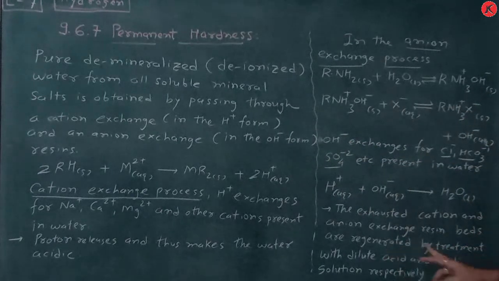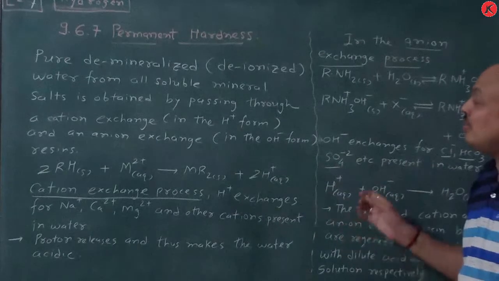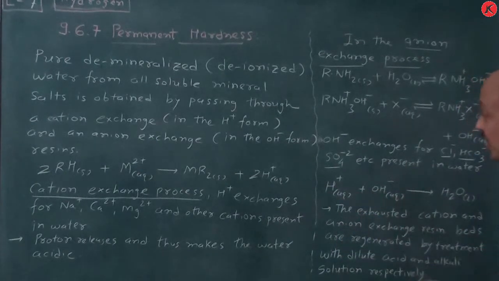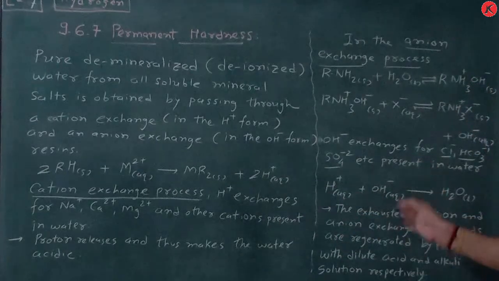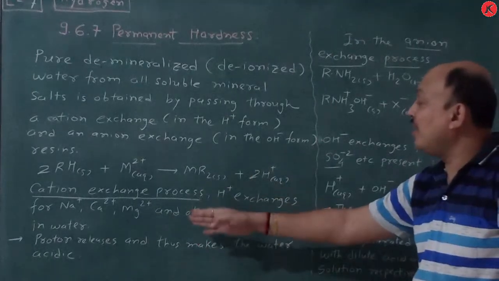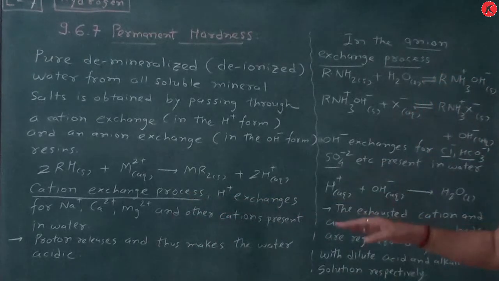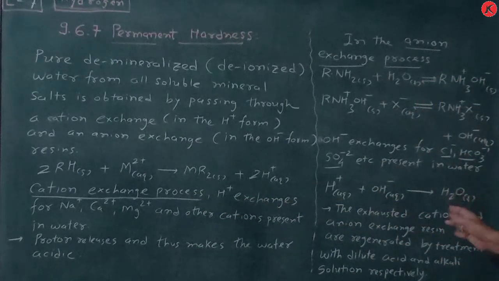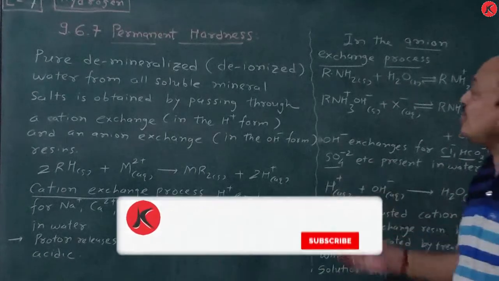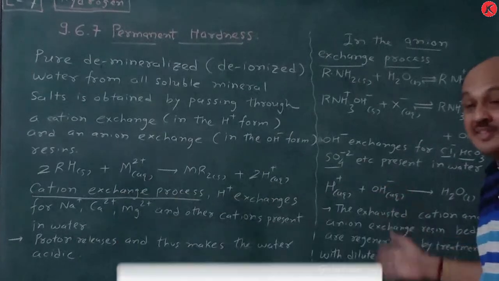The exhausted cation and anion exchange resin beds are regenerated by treatment with dilute acid and alkali solution respectively. So here this permanent hardness method is also complete, and here we get soft water, demineralized water in which there is no mineral present, because these minerals are converted in terms of cation and anion by cation exchange process and anion exchange process respectively. So this is all about permanent hardness. Write this down in your notes according to the NCERT textbook.